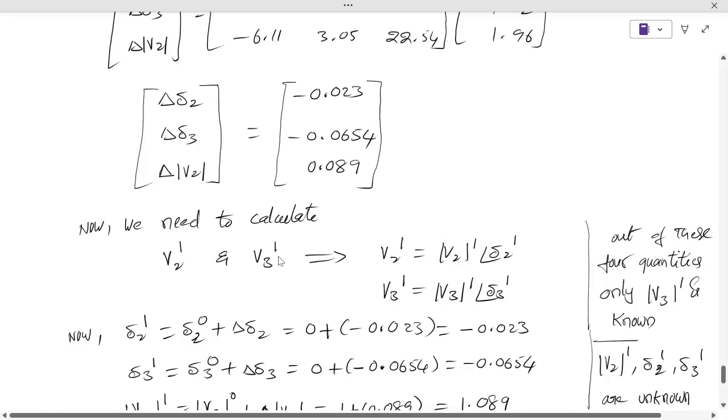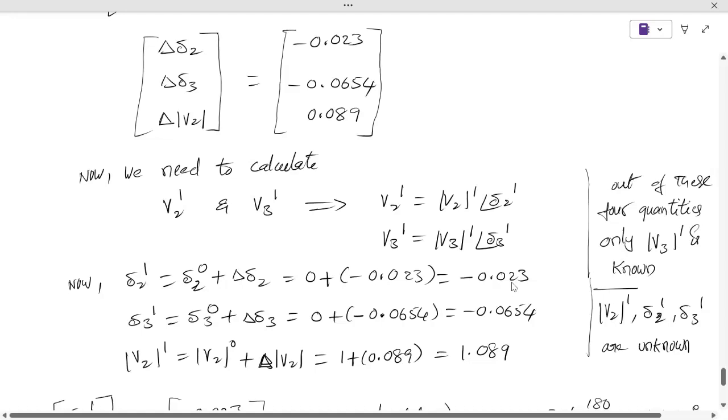So V2^1, second bus voltage, third bus voltage after the first iteration. Then V2^1 is equal to magnitude of V2 at an angle del 2. This 1 represents the iteration value, first iteration. Then V3^1 represents magnitude of V3 and angle of del 3.